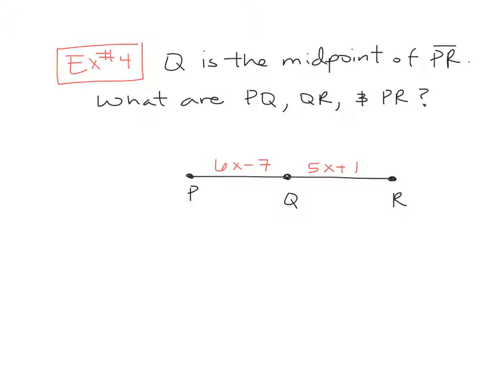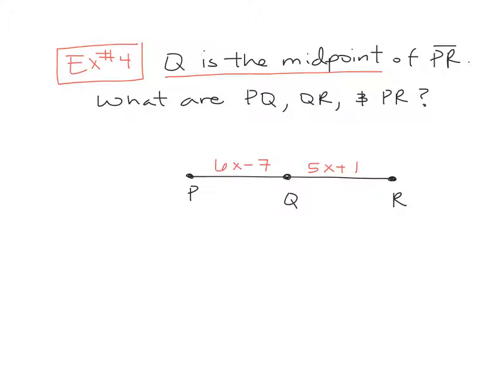Okay, so here's what I need you to notice. On Friday, when we did a problem similar to this, they didn't tell us Q was the midpoint, right? So that's new information. But they did tell us the full length of PR, and they're not telling us that on this problem. So on Friday, we took this information, 6x minus 7 and 5x plus 1, and we added it together to set it equal to the whole thing, right? This one's different.